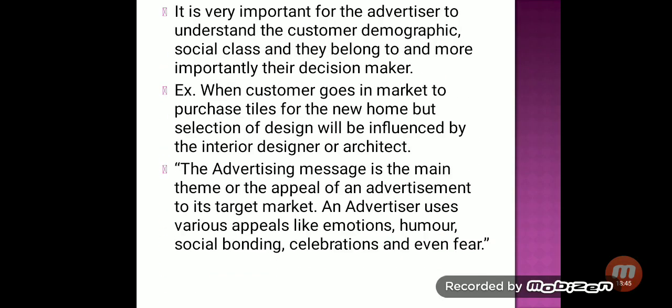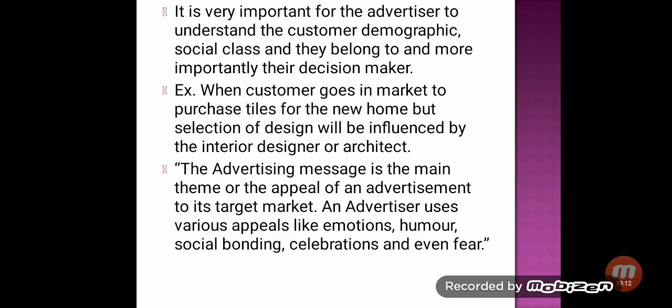It is very important for the advertiser to understand the customer's demographic, the social class they belong to, and more importantly their decision maker. For example, when a customer goes to a market to purchase tiles for a new home, the selection of design will be influenced by the interior designer or architect.